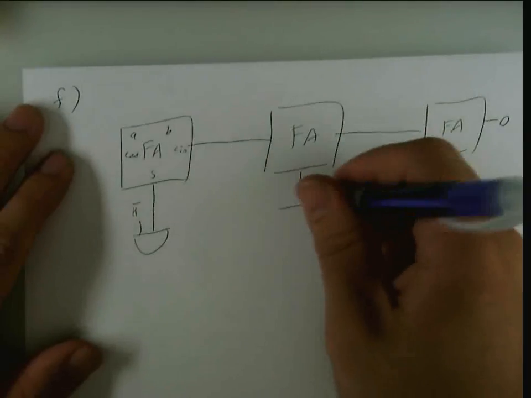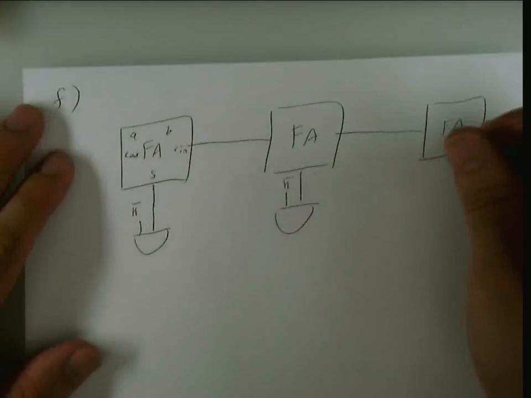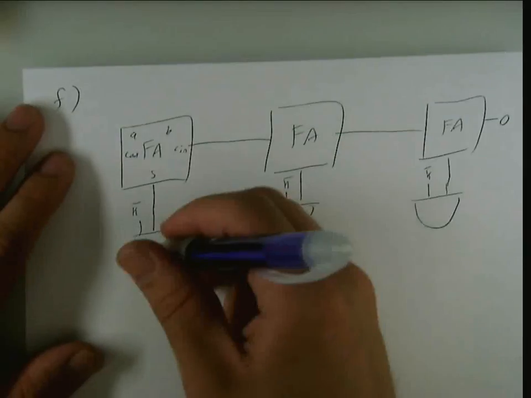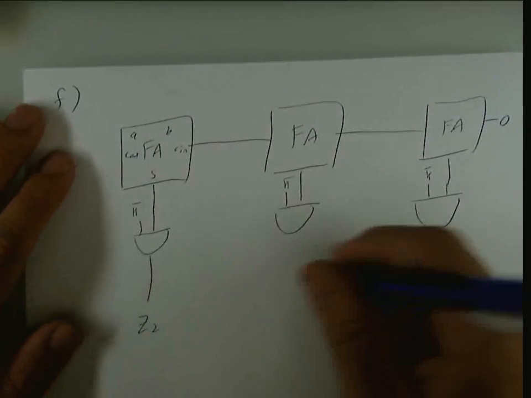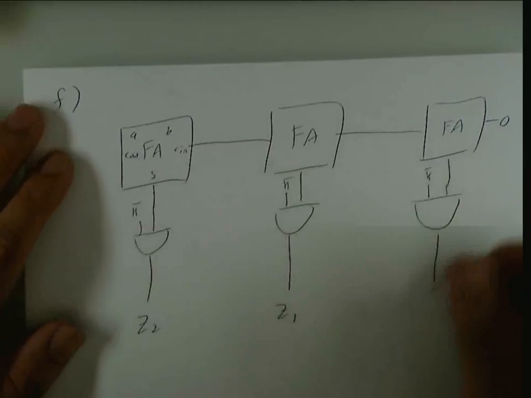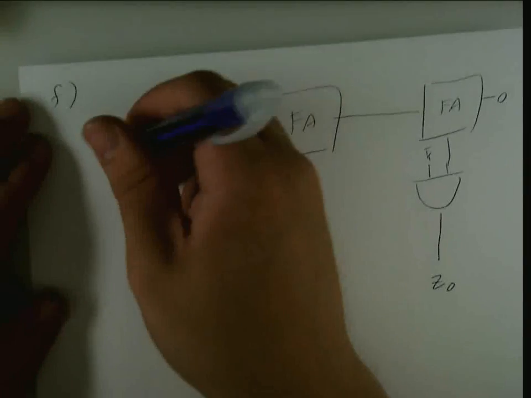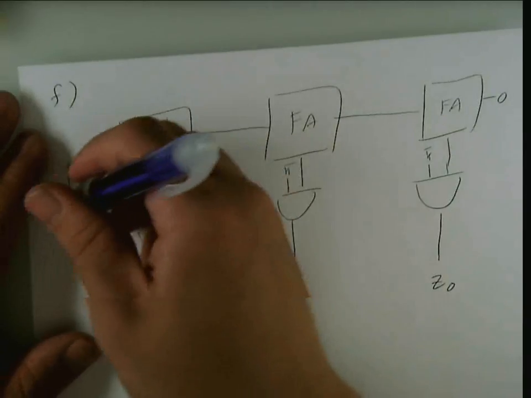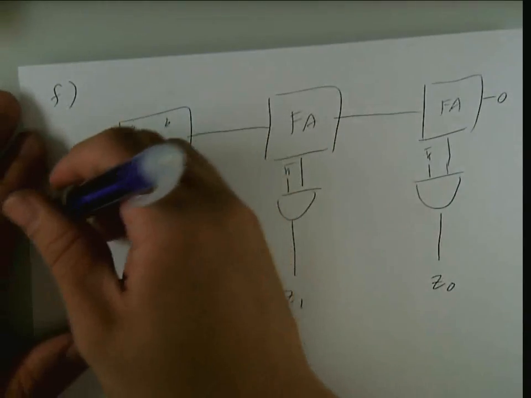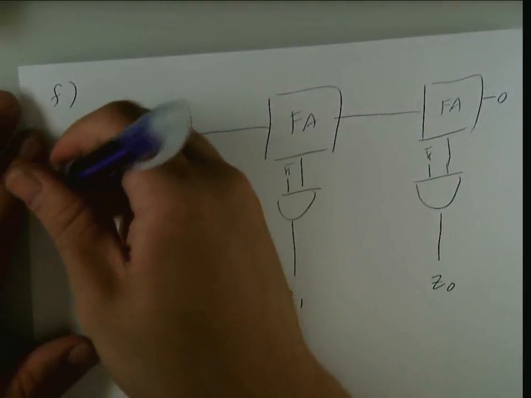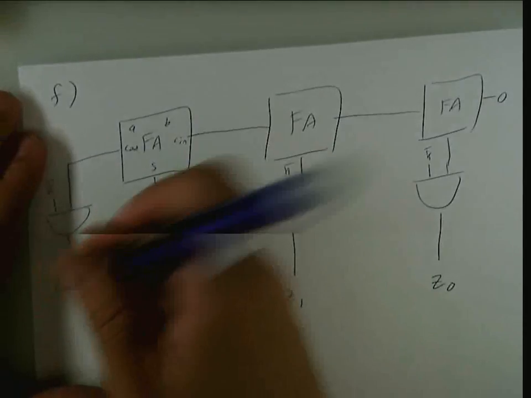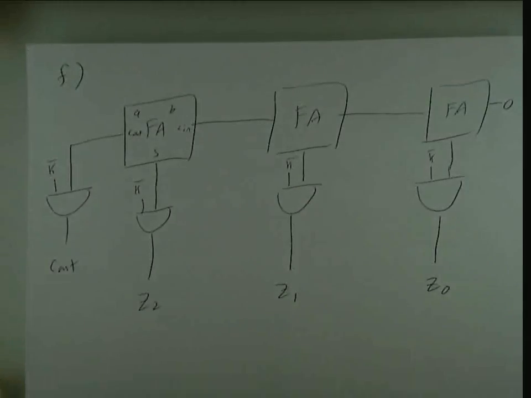And this is just going to get ANDed with k bar. ANDed with k bar. So this is Z2, Z1, Z0. And C out, if you want to, you can AND this. It really doesn't affect anything, but just why the heck not? K bar. This is C out. And so that completes problem 1.